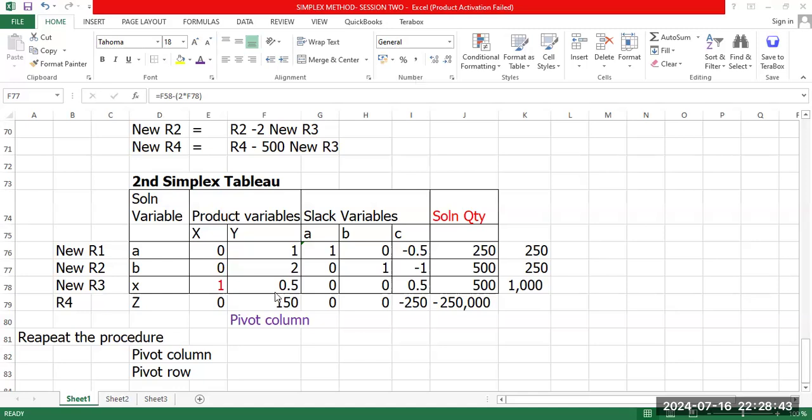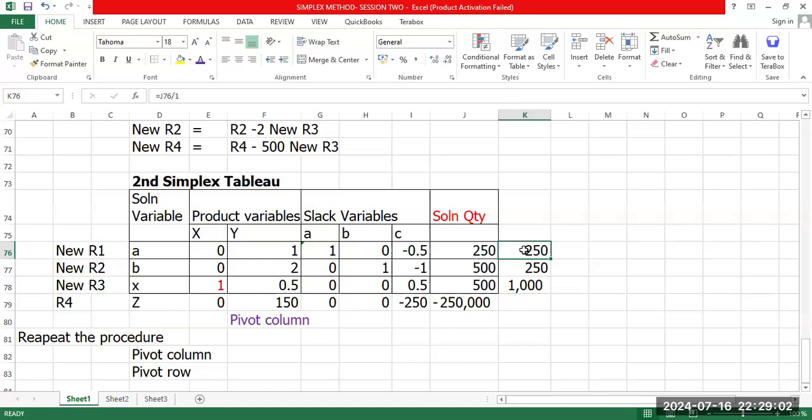Derek was telling you that in a situation where you have the same values here, what will help you to know your pivot row is to look at the required part.